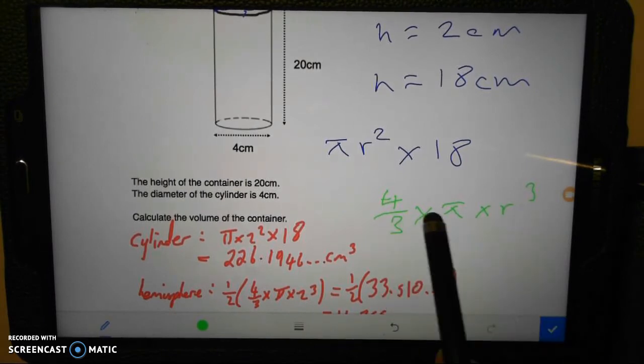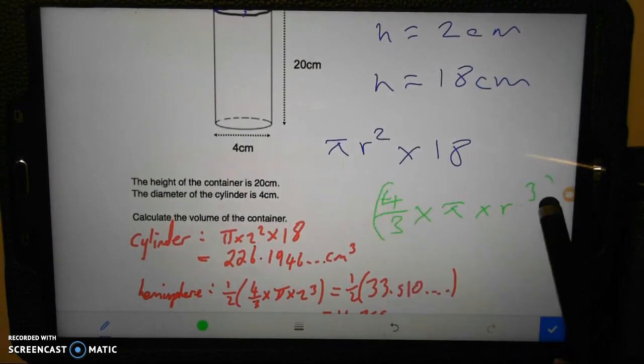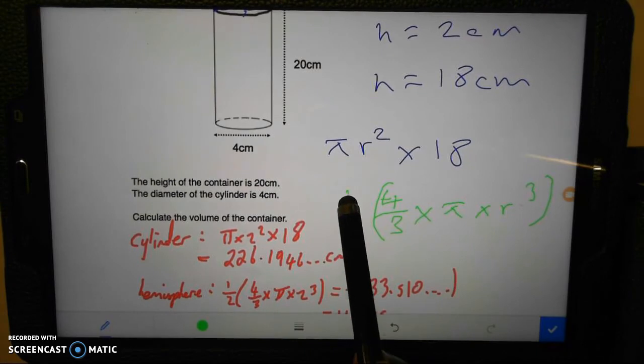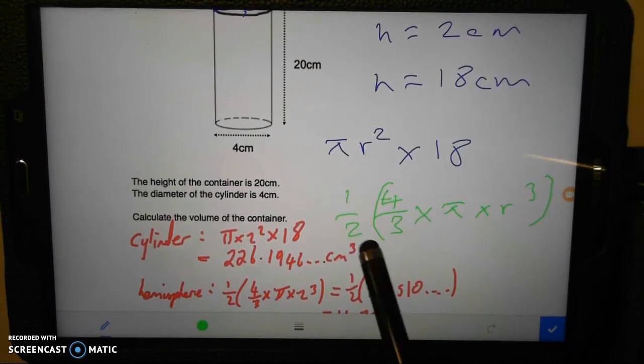That's for the complete sphere. And because it's only a hemisphere, half of a sphere, we have to times it by a half, which is the same as dividing by 2. So that's the formula for the volume of a hemisphere.